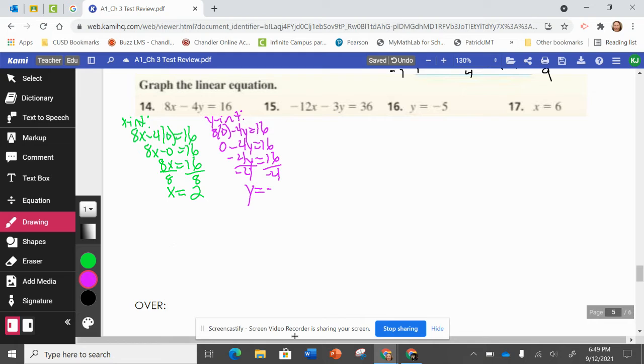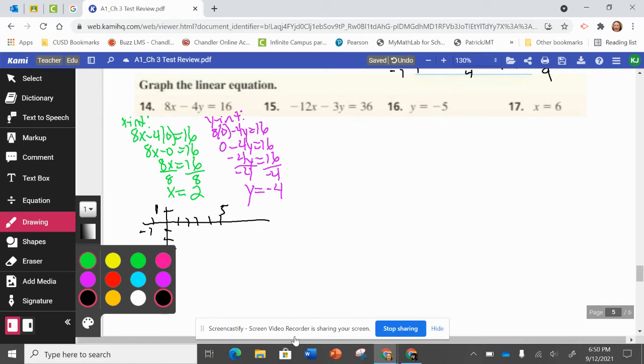So y is equal to negative 4. I can plot these two on my coordinate grid and get my line that way. So I plot x is 2, y is negative 4, and draw my line.